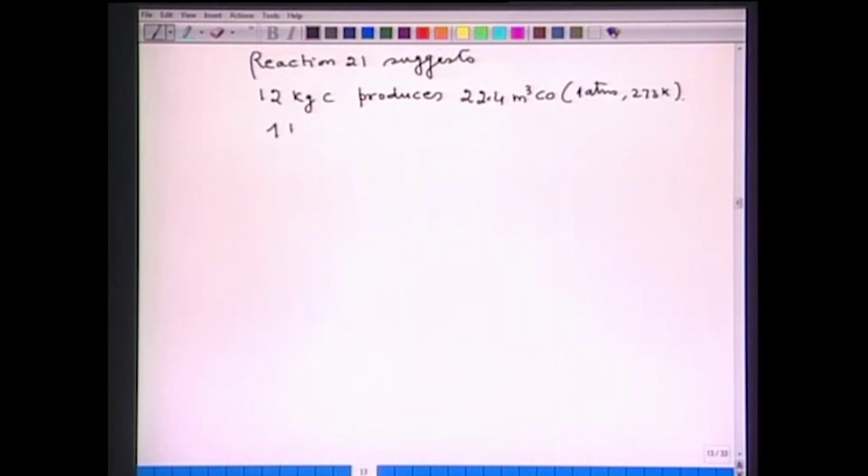Therefore, 1 kg carbon produces 1.87 meter cube carbon monoxide at 1 atmospheric pressure and 273 Kelvin.